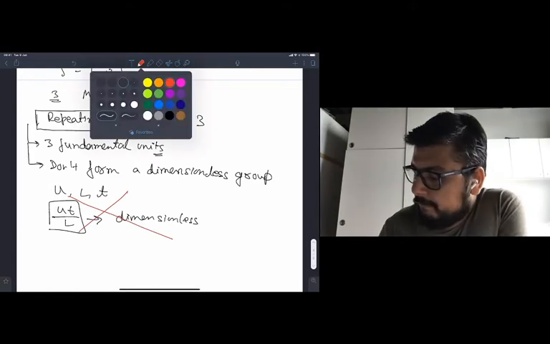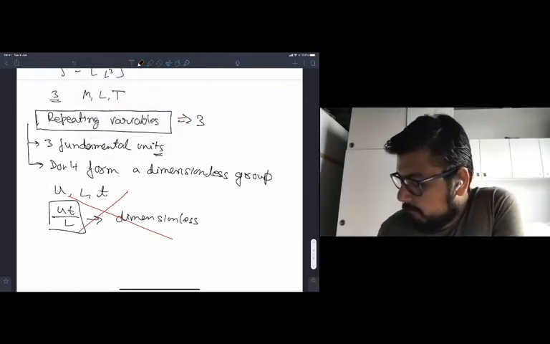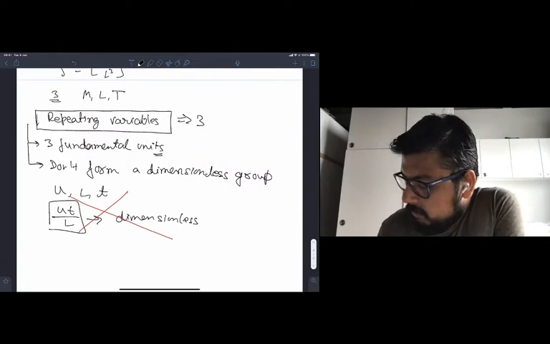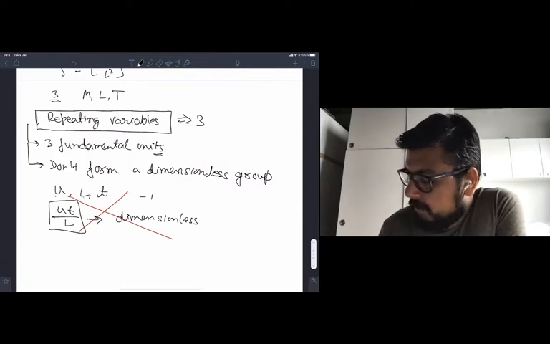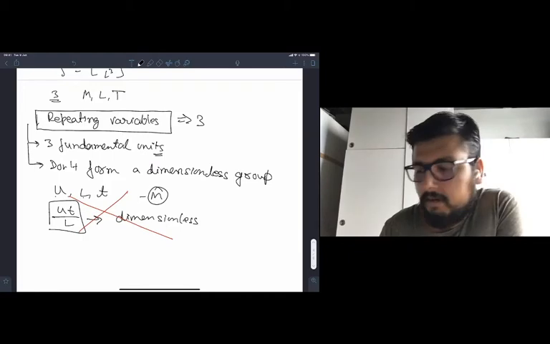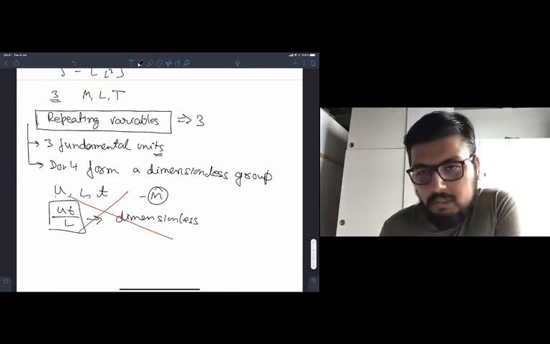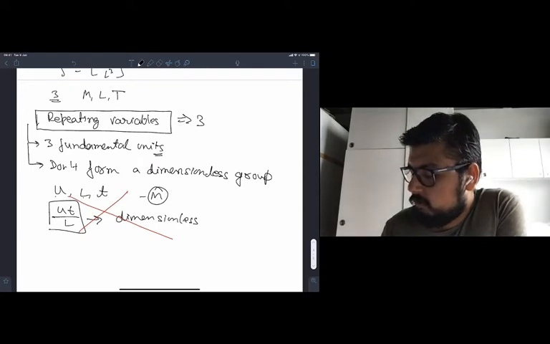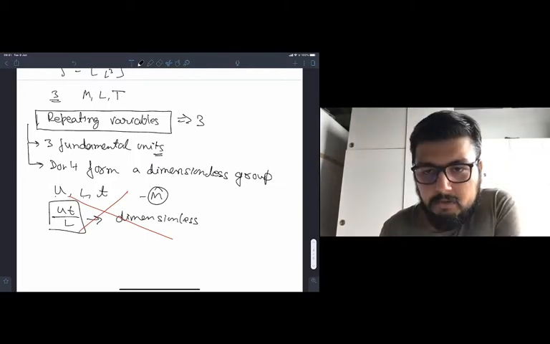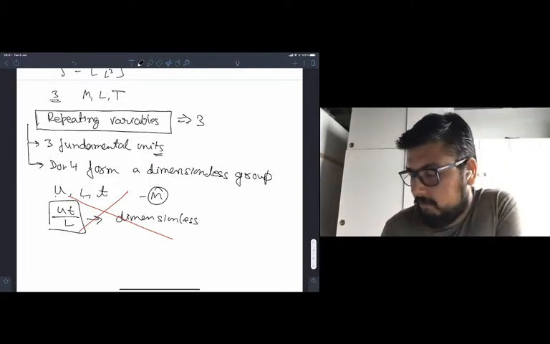And of course, if we look closely, then out of these 3, we are missing a unit. We are missing mass. We don't have a kilogram in any of the 3 units. So of course, we cannot choose velocity, time, and length as our repeating variables.